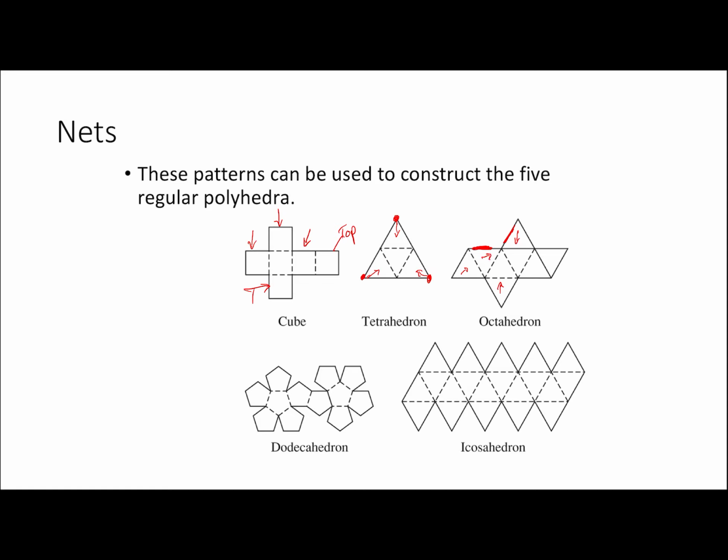So, for example, this edge would have to lie on top of this edge. They would have to meet. And so this one gets folded up, and this one is going to get folded that direction, and so those 2 edges would meet. This edge and this edge would also have to meet.